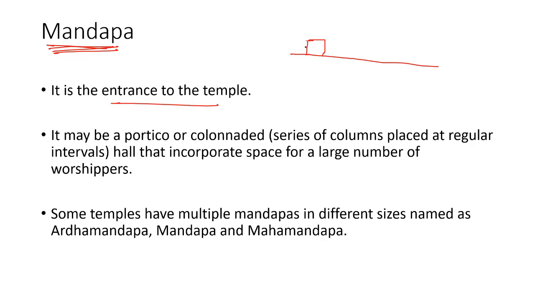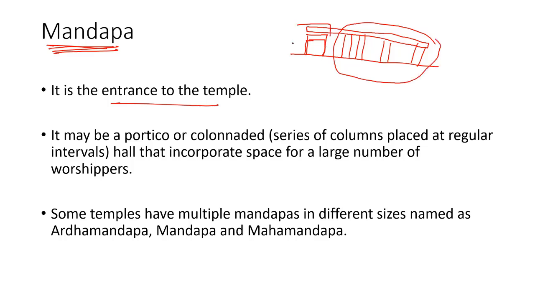In front of the Garbhagraha there will be one hall with pillars, covered with a roof like this. You might have seen it in temples also. This is called Mandapa, and this is Garbhagraha.